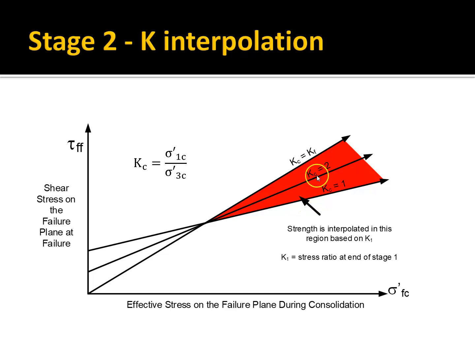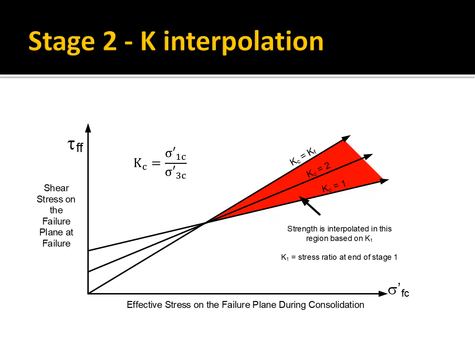For example, let's assume KC is equal to 2 and KF is greater than that. Somewhere in the middle here, that's going to be the curve that we want to use. And so what we do then is we calculate KC, and then we interpolate. It's going to be between 1 and KF, and we find where we are in this spot.